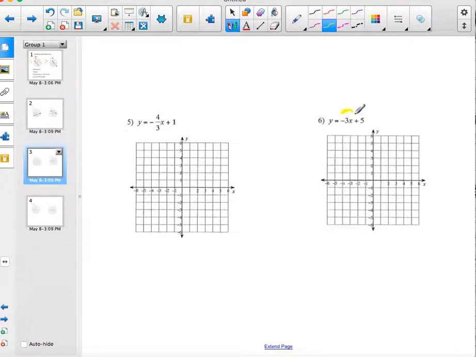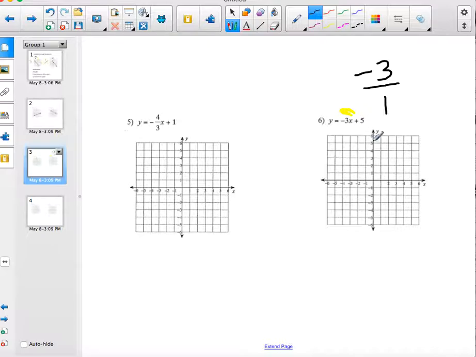This number right here, the -3, is not written as a fraction. And we need to have it as a fraction so we can tell how many we're going up or down and then how many we're moving over. So I need to rewrite that -3 as a fraction by putting it over 1.